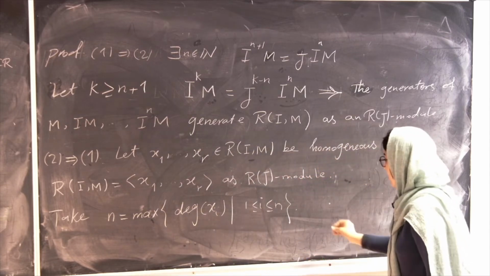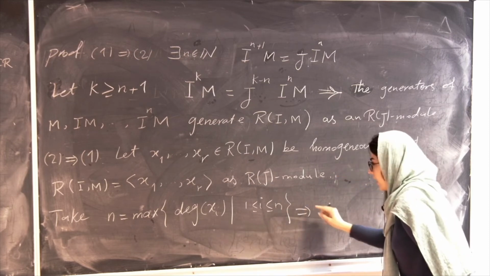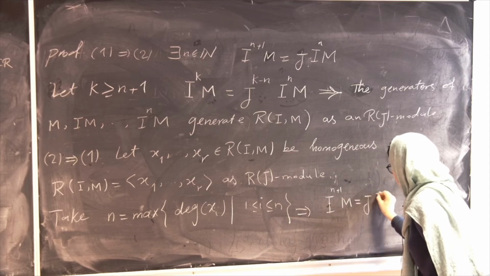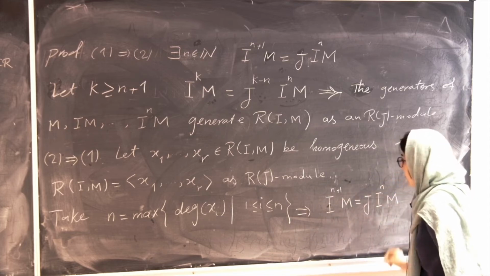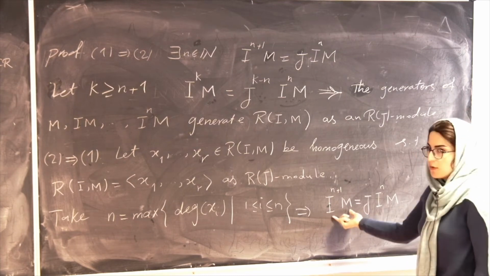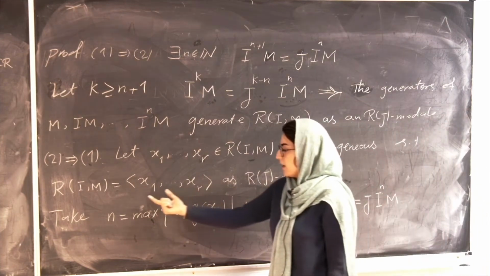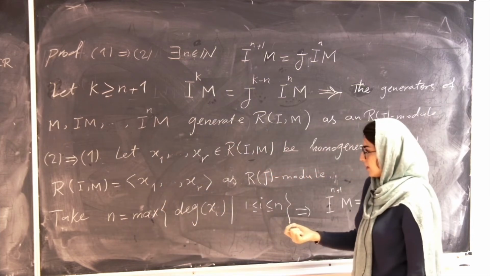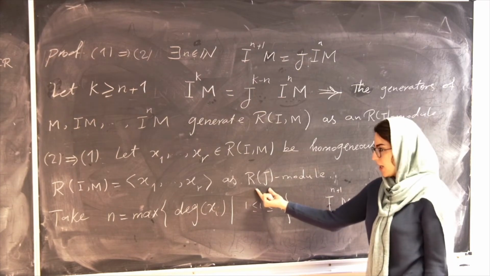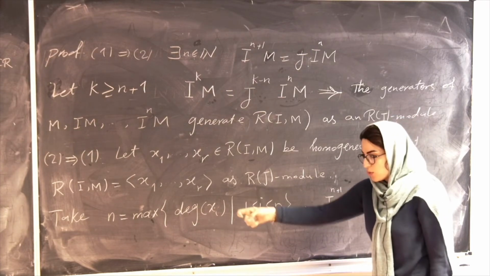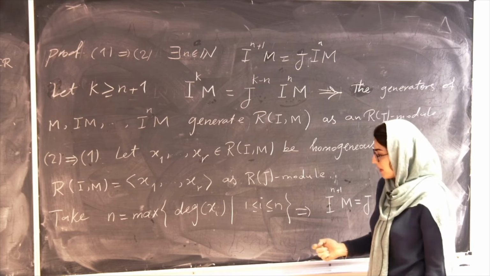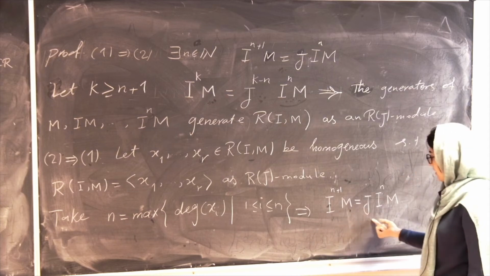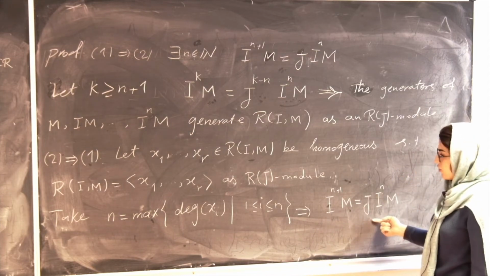It is very easy to check that when n is this number, then I^(n+1) M is just J times I^n M. Because if you take an element here and write it as a combination of these elements, where the coefficients come from the Rees ring of J, I don't want to write everything in detail because my time doesn't allow, but it can be easily checked that these coefficients belong to J^n.